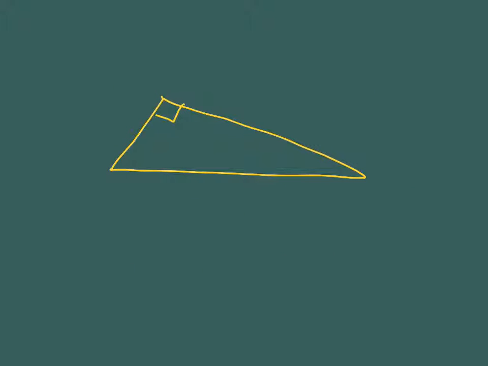Now the second triangle in this formula, it looks like this. Now we know from the previous triangle that this angle here is 90 minus x over 2. Okay, and we're trying to find y. Now we know that the internal angles of a triangle are 180 degrees. So this angle plus this angle plus this angle equals 180.